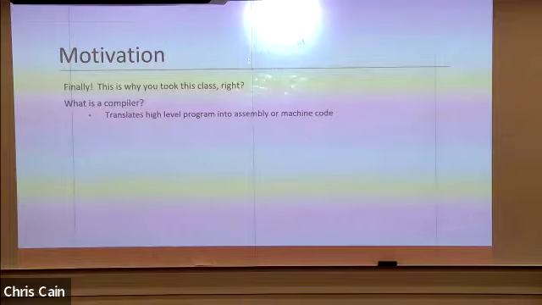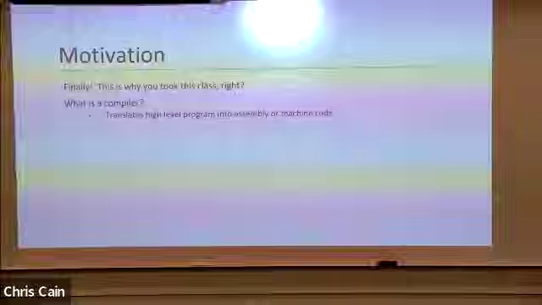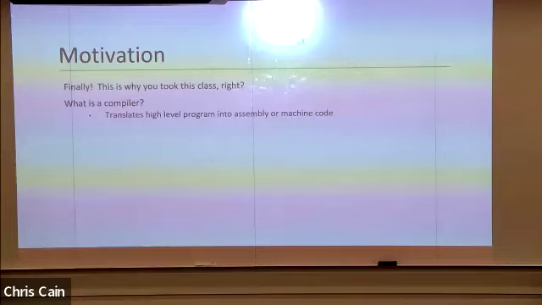Because the machine code is different across different architectures. So you may have an x64 architecture, you may have a MIPS architecture, depending on the exact architecture of your system. You will need to translate that bytecode differently.